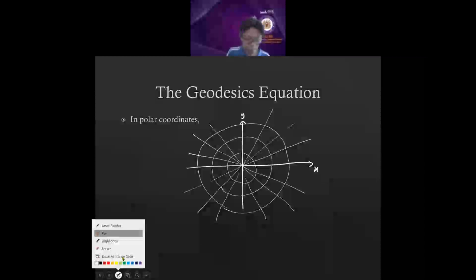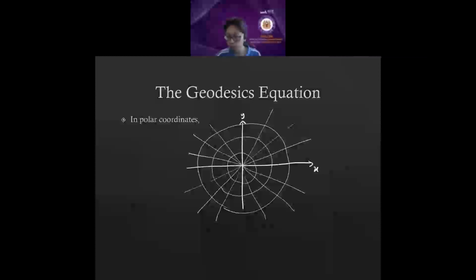About the basis vectors at each point. If you look at this point, for example, the unit vector in the r direction is in this way. This is our r hat. At this point, this is our r hat. At this next point, this is our r hat.